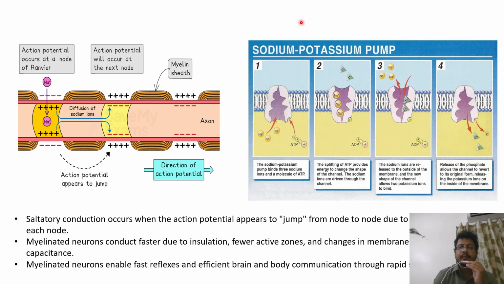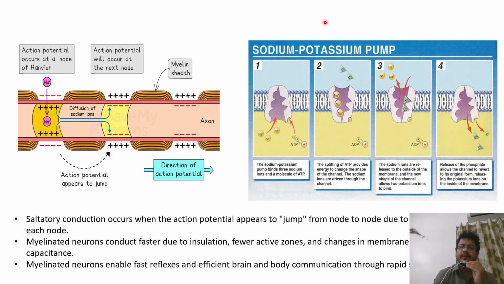So there are several factors by which myelinated nerve fibers conduct rapid nerve impulses, which we discussed. Insulation is one of them: because myelin insulates, very little current leaks out, so depolarization waves spread faster. And there are very few active zones, unlike in unmyelinated nerve fibers where every bit of membrane must depolarize.